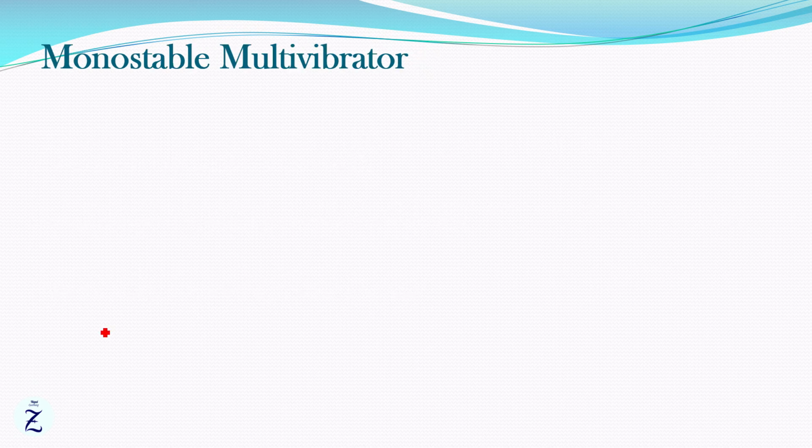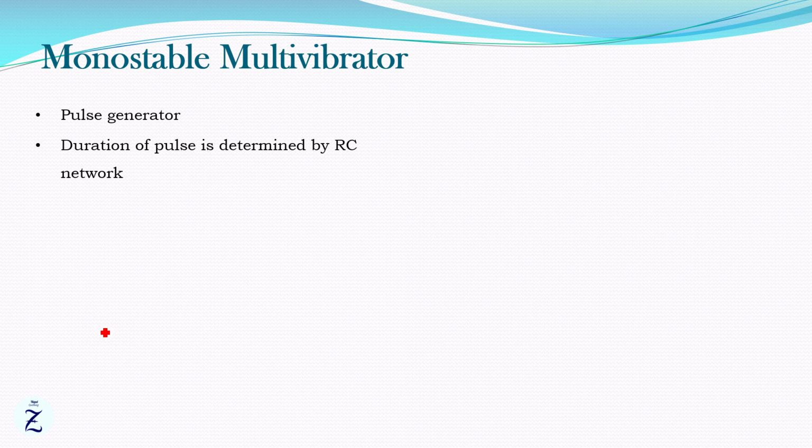Let us look at IC 555 monostable multivibrator now. Monostable multivibrator is a pulse generator circuit in which the duration of pulse is determined by the RC network. As the name indicates, monostable multivibrator has one state of the output stable while the other is quasi-stable or unstable.